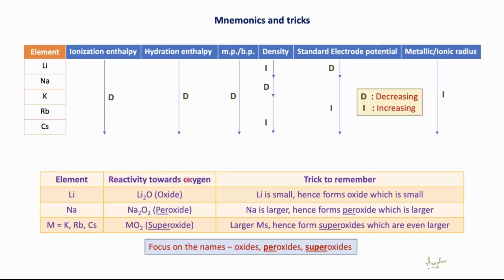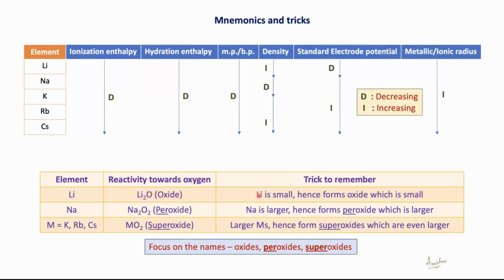Here is one of the major tricks I have shown you, how you will remember which element will produce which kind of oxide. You see here lithium produces normal oxide, sodium produces peroxide, and the other elements produce superoxide. So now you can have a correlation between the element and the oxide.